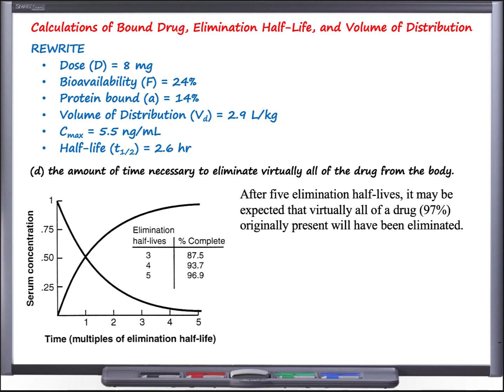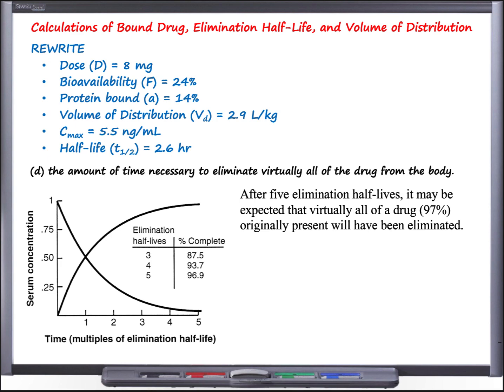You can see this in the graph on the left-hand side, which shows serum concentration on the y-axis and time in half-lives on the x-axis. There are two graphs here, which is a little confusing, but the one on the top left that starts at 1 is the amount of drug concentration remaining. We start at 1, or 100%, at time 0.